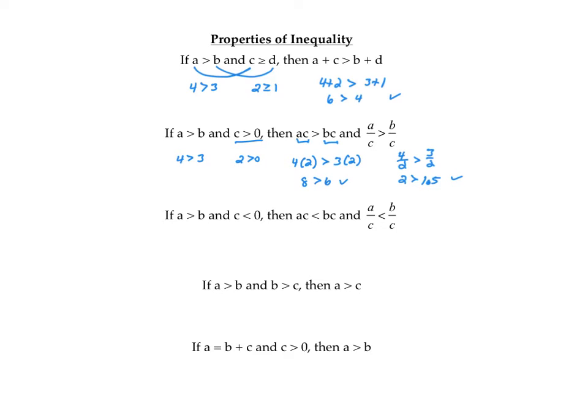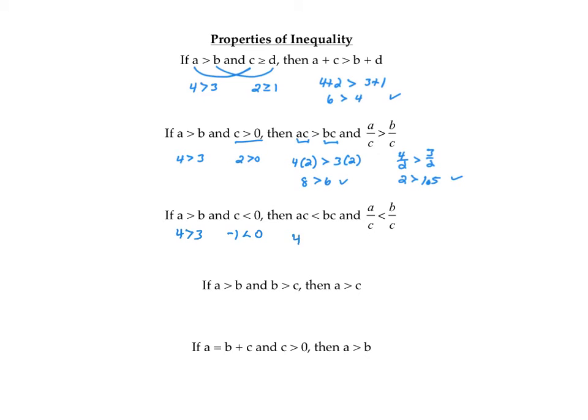Right, and our third property of inequalities, it says if A is greater than B and C is less than 0, then A times C is less than B times C, and A divided by C is less than B divided by C. So stick with 4 is greater than 3. And this time we need to choose a number less than 0, so we need to choose a negative for C. And then check it out.